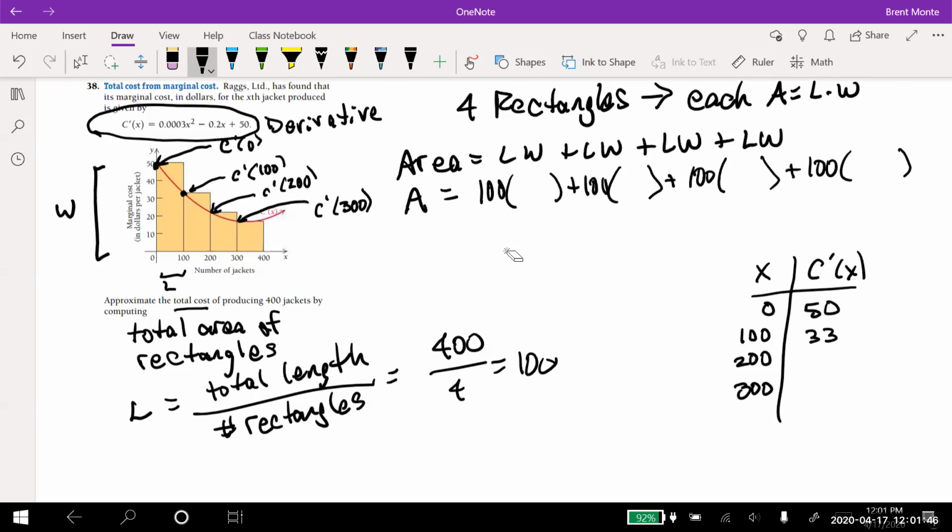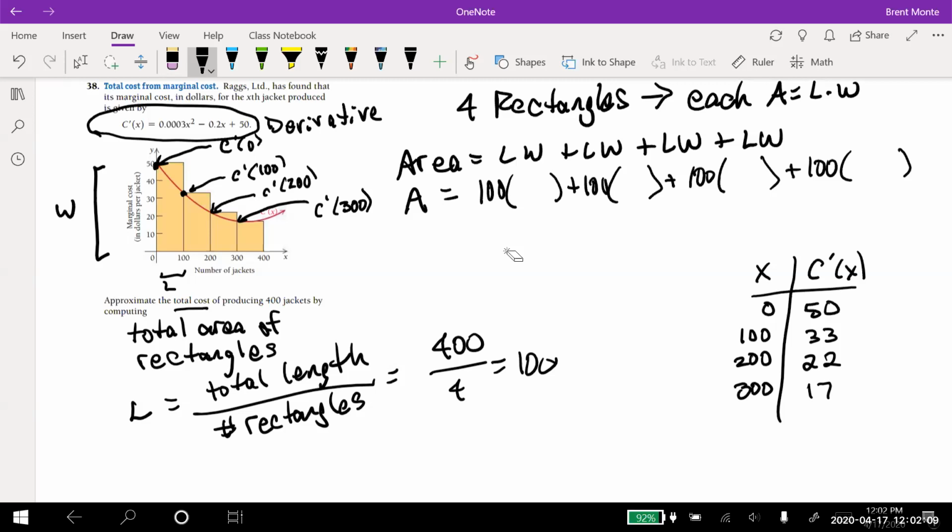Now I'm just going into my calculator. I'm changing those 100s to 200s, and I get 22. Well, it looks about right. And at 300, am I going to get 11? Do I see a pattern? I get 17.